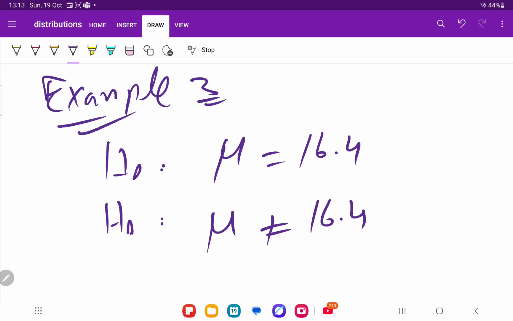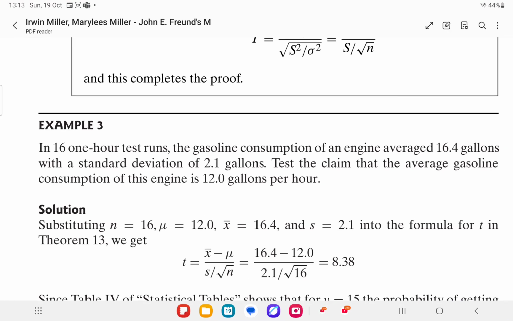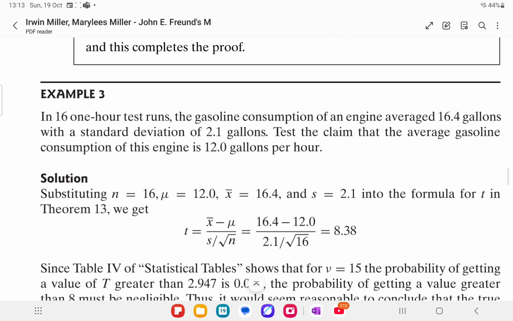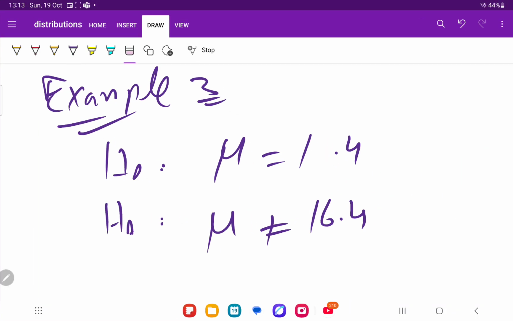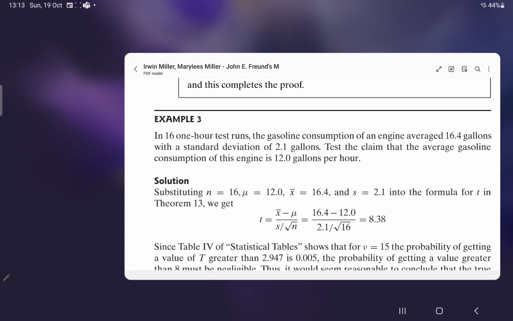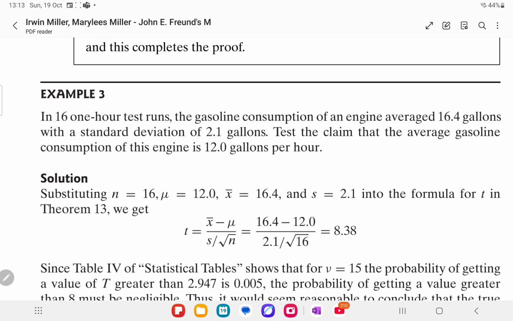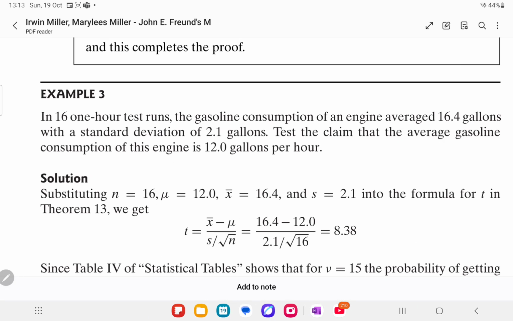Okay, so that is null and alternative, and then the data is given. Test the claim that the average gasoline consumption is 12 and the standard deviation is 2.1 and 16.4, sorry, 12 is basically, sorry, the average is given 12, okay, per hour, 12 gallons per hour.